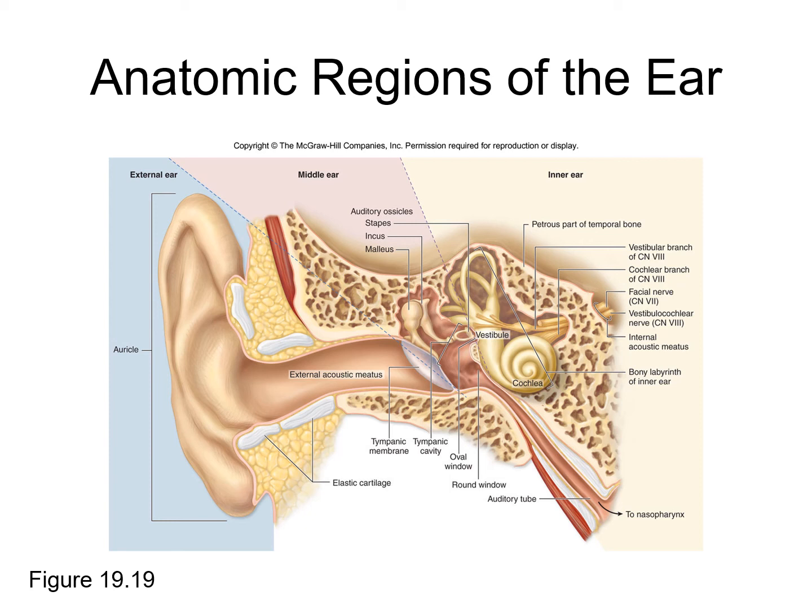If you ever yawned and it felt like your ear was popping, that ear popping sensation means that the pressure is equalizing in your middle ear with the outside air.